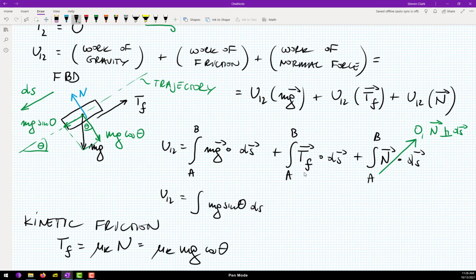So that would be equal to mu k mg cosine theta ds, however with a negative sign, because TF points in the opposite way than ds.